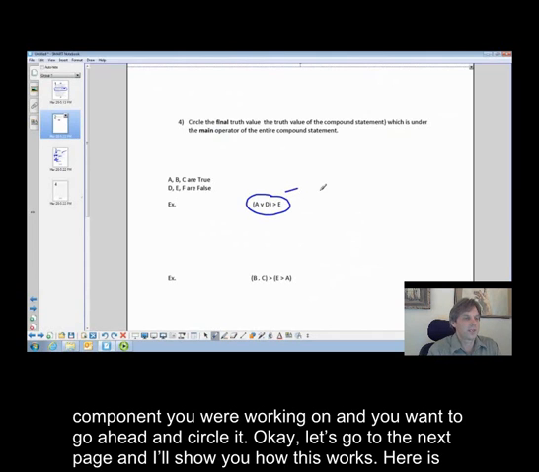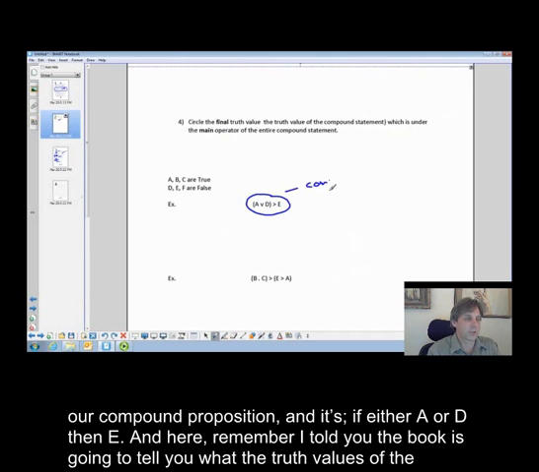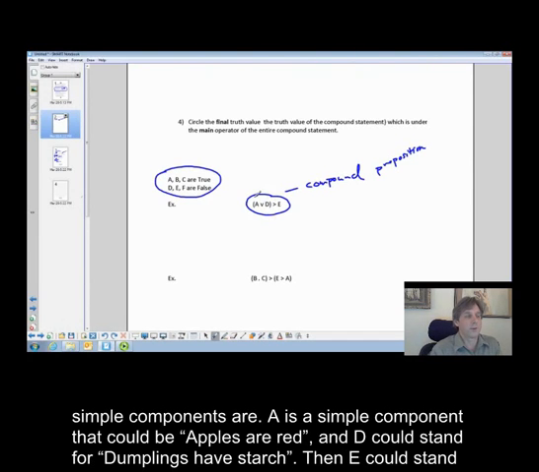Okay, here is our compound proposition, and it's if either A or D, then E. And here, remember I told you the book is going to tell you what the truth values of the simple components are.